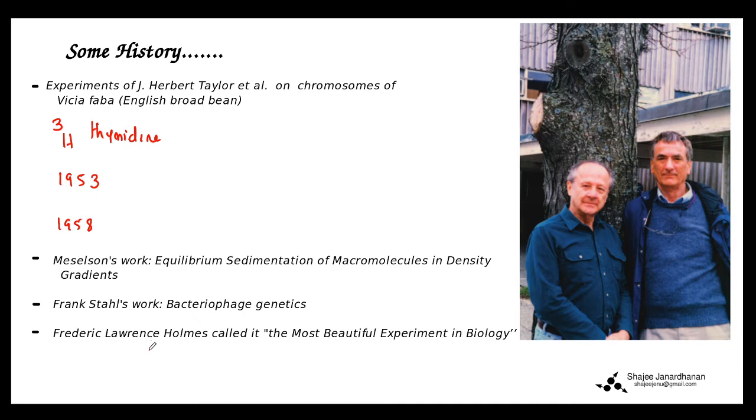The famous scientific historian Lawrence Holmes called the Meselson and Stahl experiment the most beautiful experiment in biology. Meselson and Stahl basically worked in different laboratories on different topics. Meselson was interested in the sedimentation of macromolecules based on their density, whereas Stahl was interested in bacteriophage genetics.